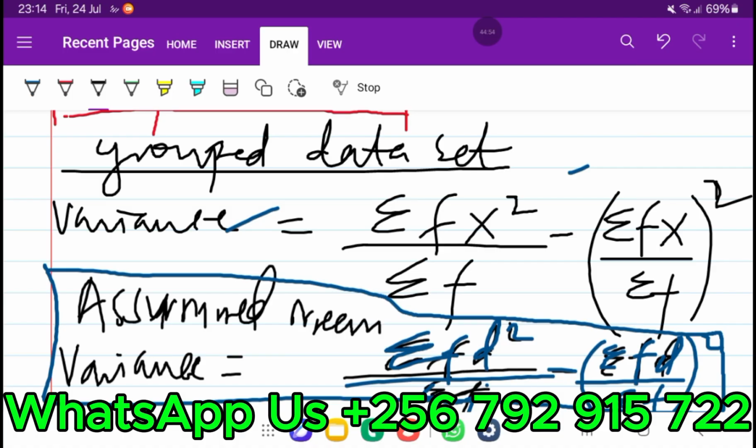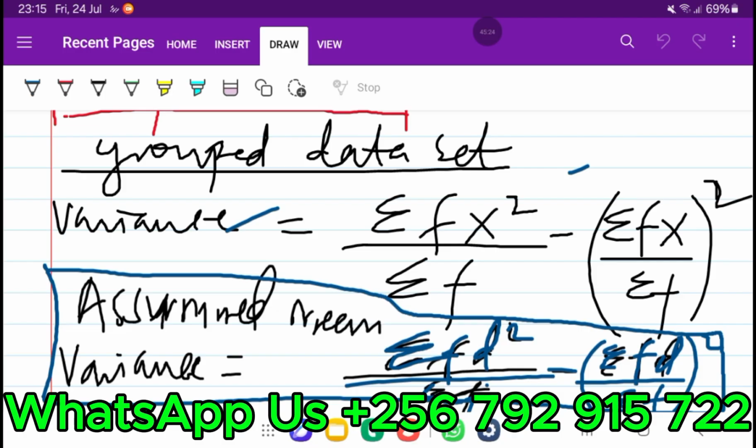So those are some of the methods that we look at, and most of the times in the examination you will be finding variance, but they want it for the population. Now I'm just giving the one for a sample in those rare cases. I'm not saying this can't be examined.